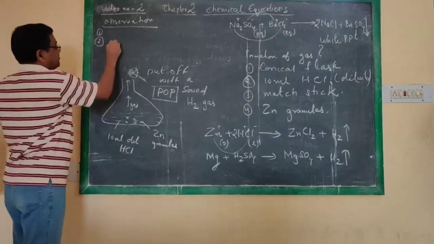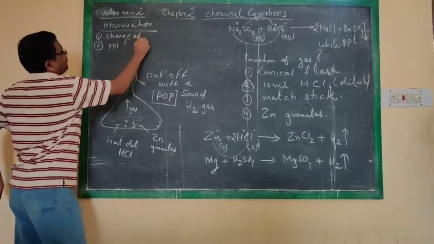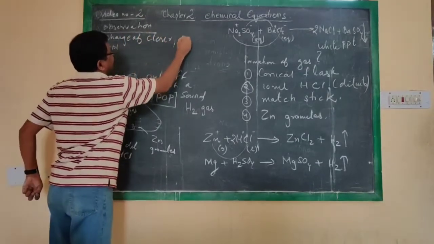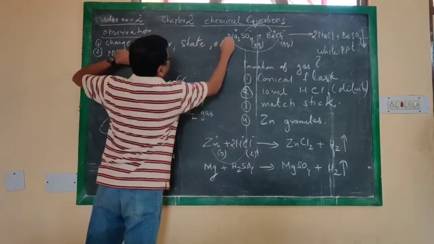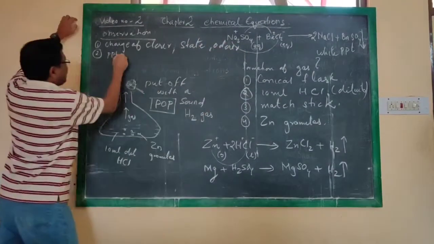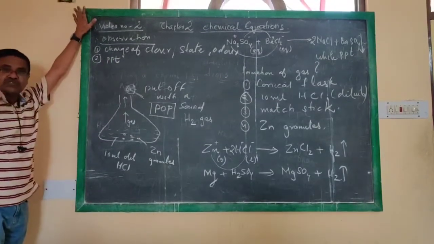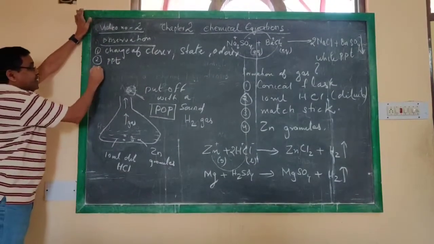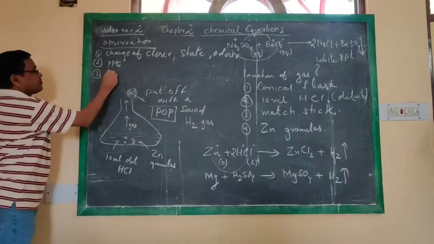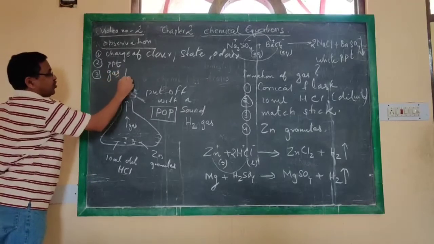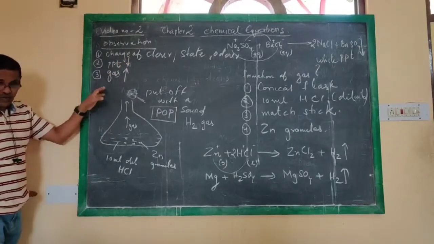First point is change of color, state or odor. Second property is precipitate can be formed. Precipitate means any insoluble substance present in the water. Third one is formation of gas can happen, which is shown by an upward arrow. Precipitate is shown by a downward arrow.